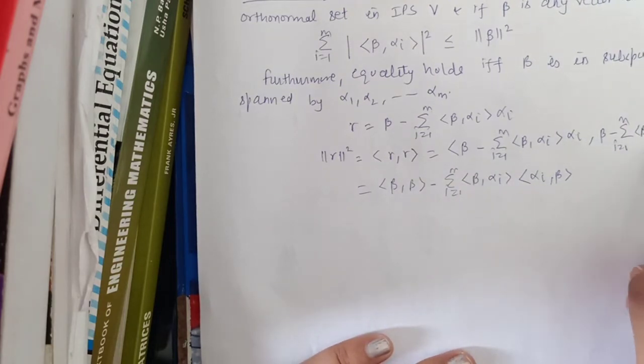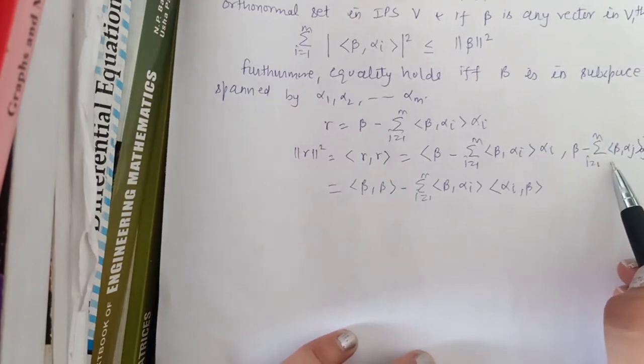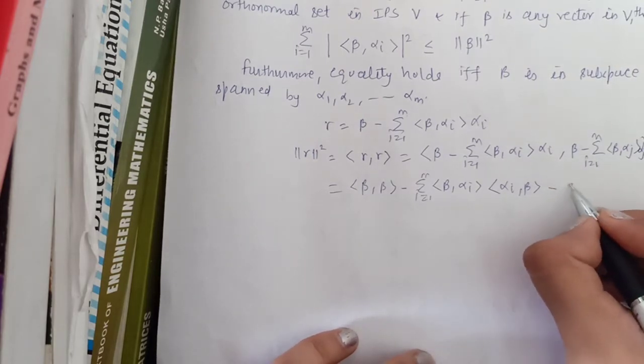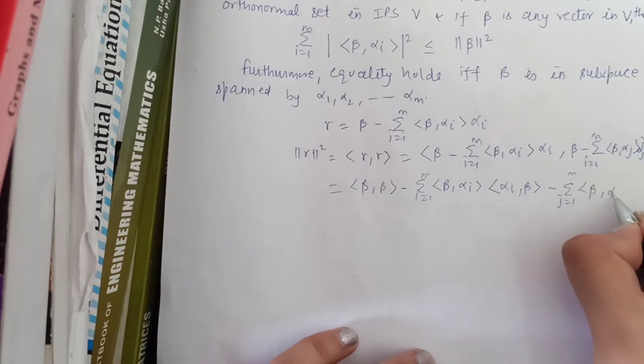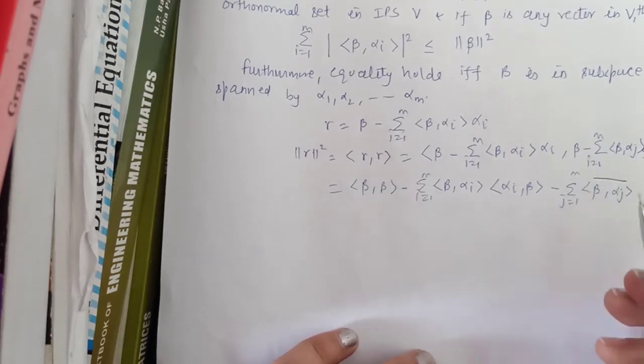Now next I am considering the inner product of this beta with this term. Here this summation is a constant term in the second coordinate, so it will come out as a conjugate. So summation j from 1 to m, beta with alpha j, the conjugate will come here. Why?